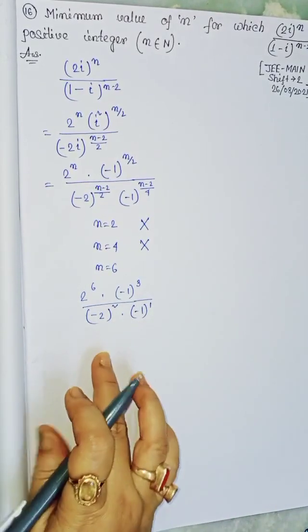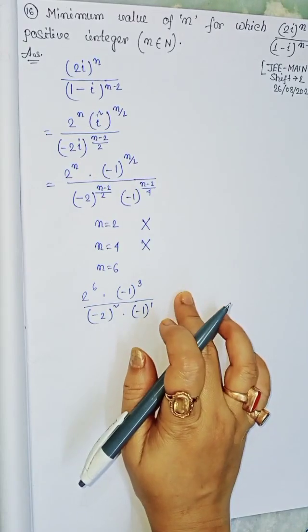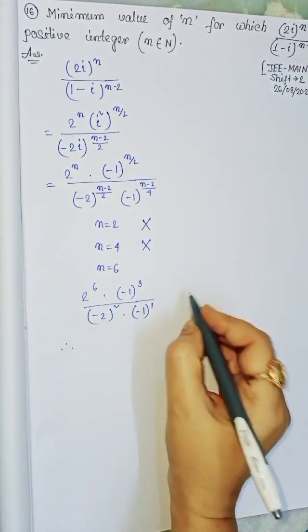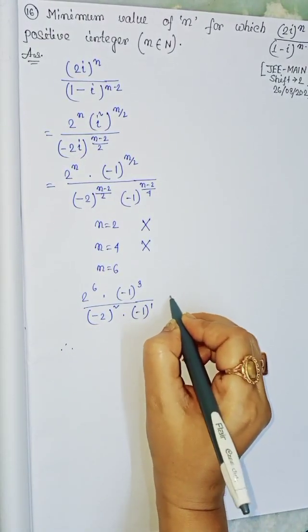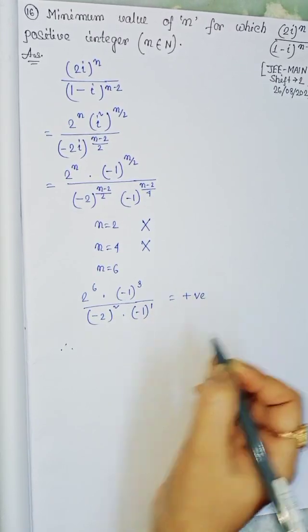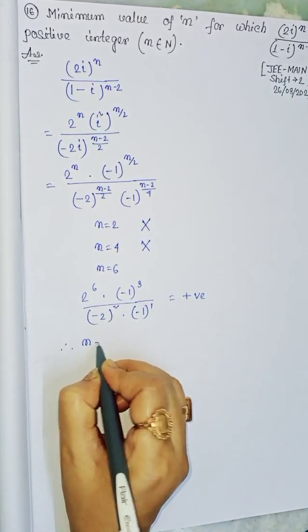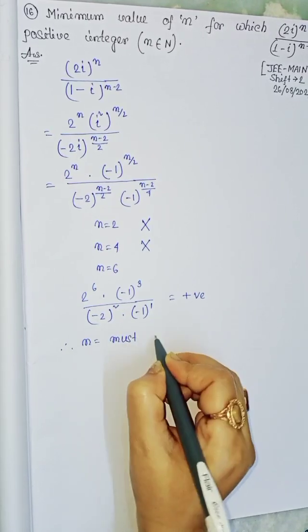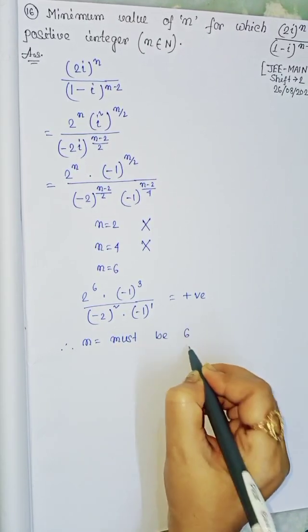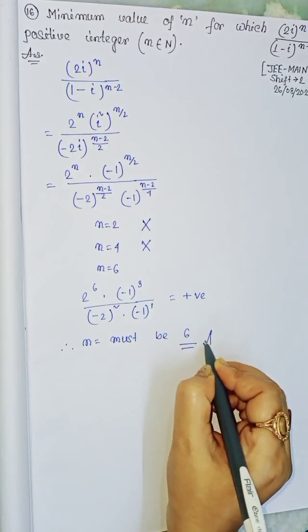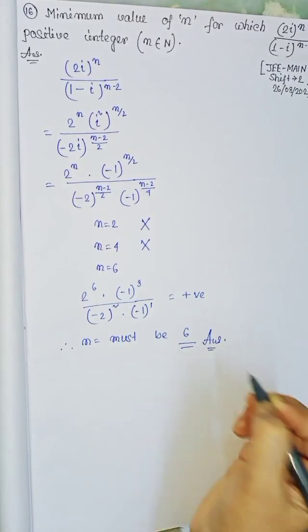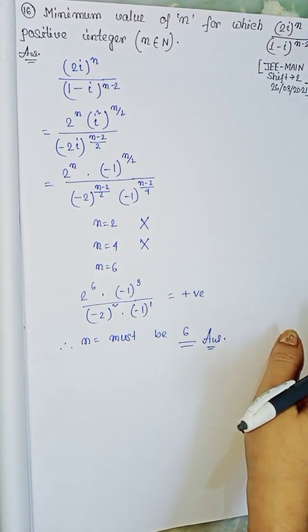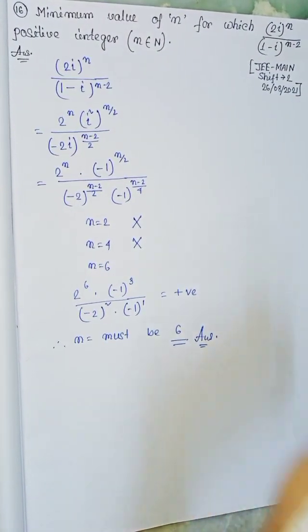So it is now positive, that is equal to a positive number. Therefore n must be 6. So this is our required solution, and this is the whole solution of question 16.